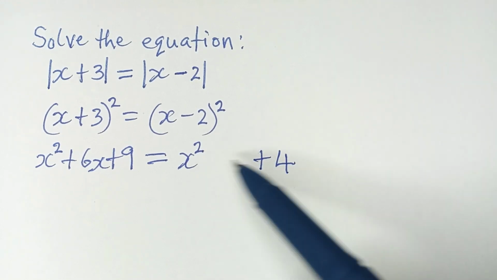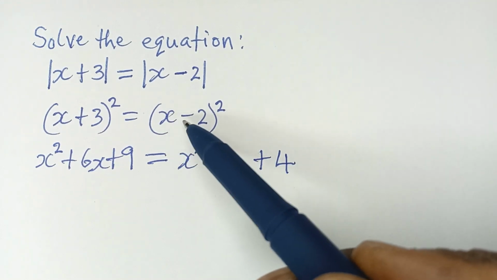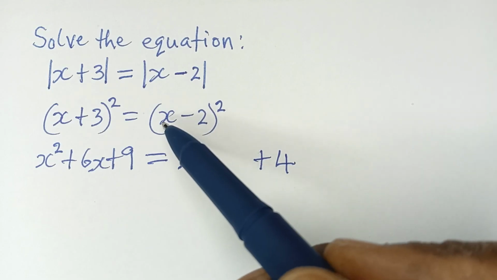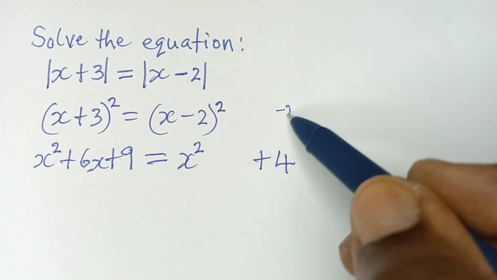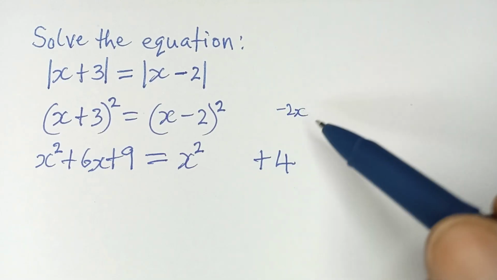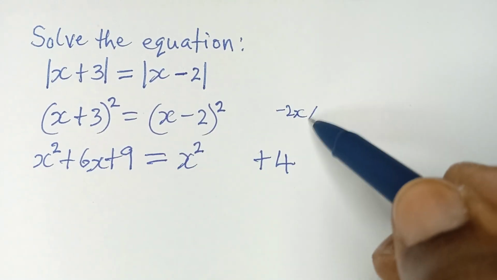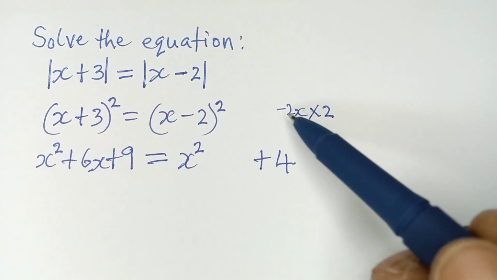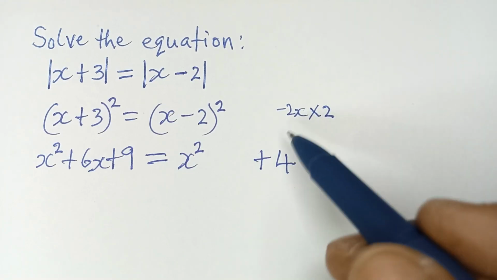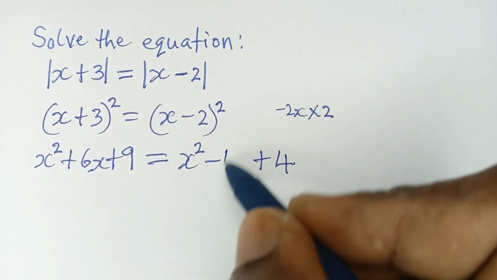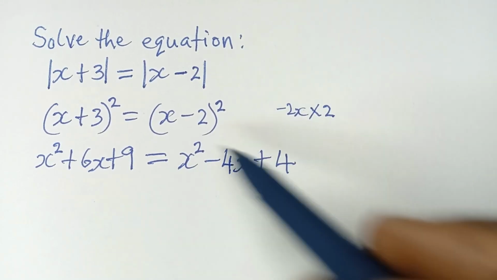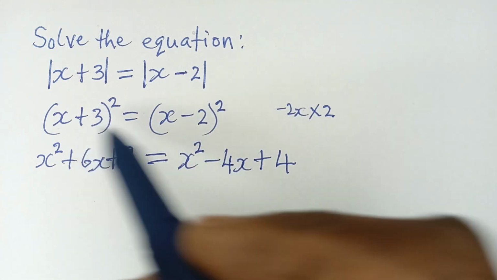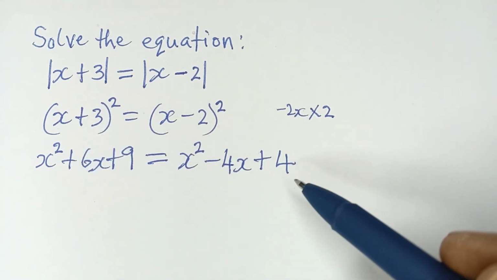And then finally, to get the middle term, we multiply negative 2 by x, which gives us negative 2x. And then after multiplying it, you also multiply by the factor 2. So 2 multiplied by negative 2x will give us negative 4x. So if you expand this bracket, you are going to get this finally. So that's a simple trick for expanding brackets like this.